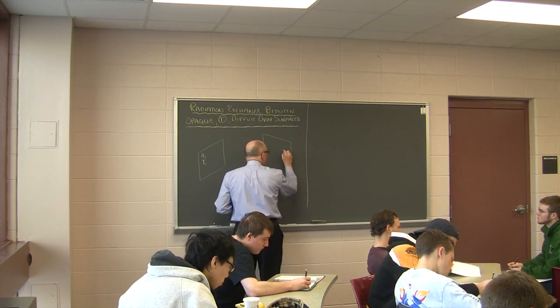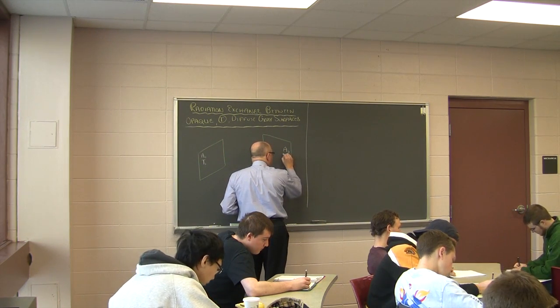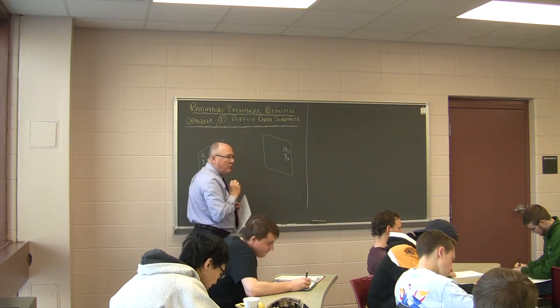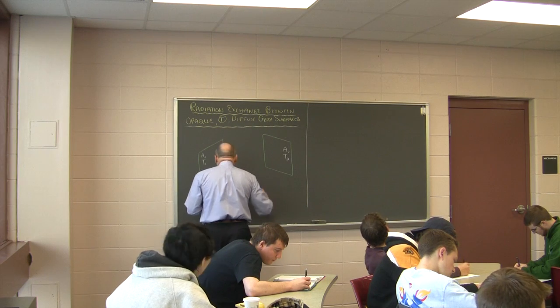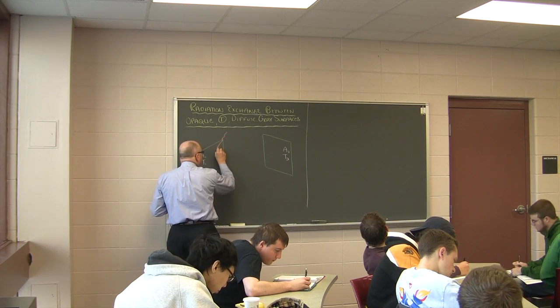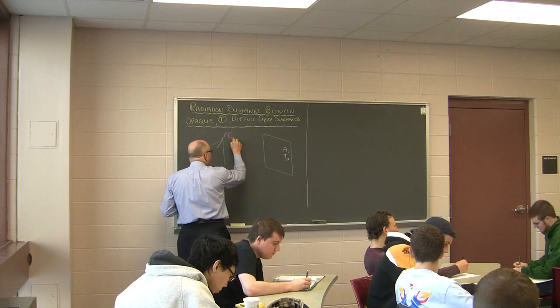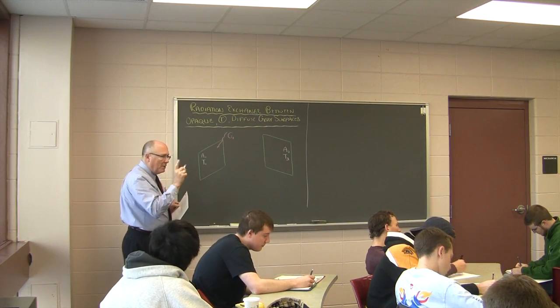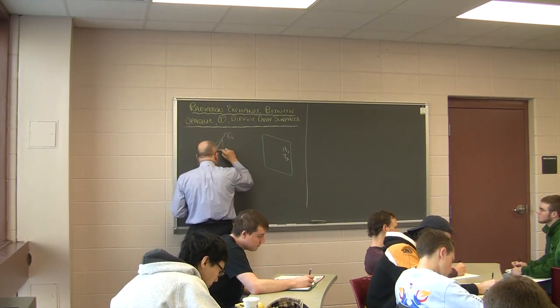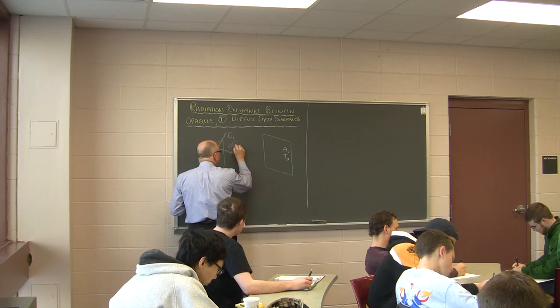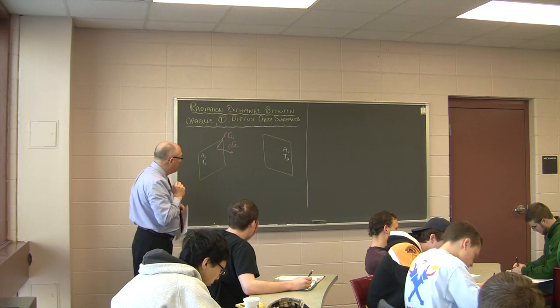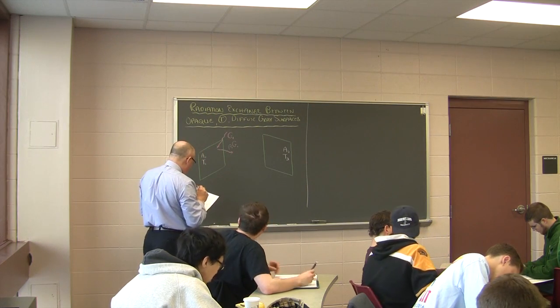And this will have some area 2 and some temperature T2. Now we need to find out what's going on here. Well, we're going to have some irradiation coming in and striking the surface. We'll call that G1. And because it's a real body, a portion of this is reflected away, and this will be rho 1 G1. Okay? So that's our reflected irradiation.